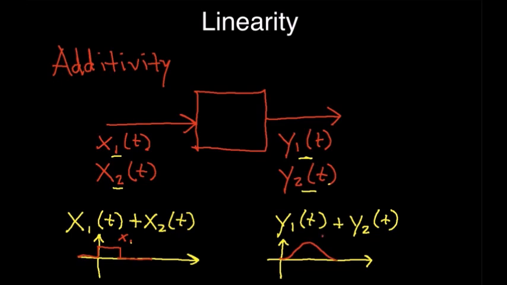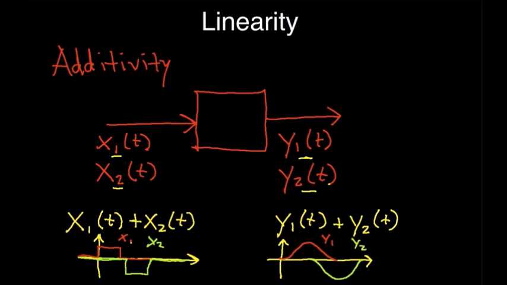Okay, so this would be y1. And I have as x2 maybe another rectangular pulse, but this one goes negative. So this will be x2. And let's suppose that the response of the system to this x2 is something that looks like this. So this would be y2.